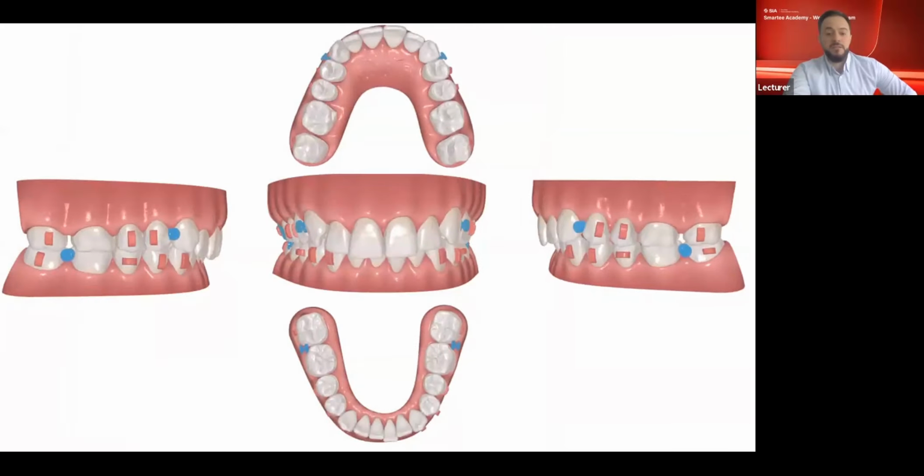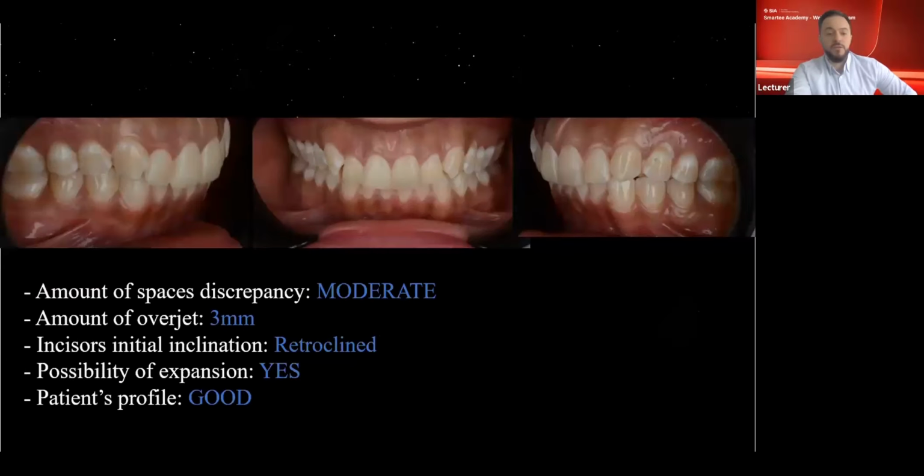So the initial setup of the patient, again, if we talk about the options of this case, definitely it's not an extraction case. Looking at the profile of the patient and the initial incisor inclination, we can expand, yes, as the arch is already constricted.